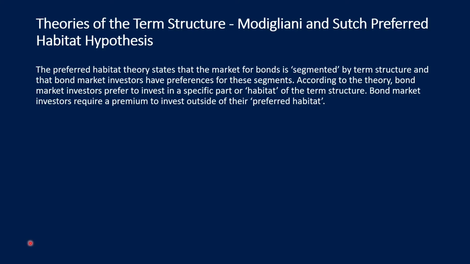According to the theory, bond market investors prefer to invest into a specific part of the term structure called their habitat. And the bond market investors require a premium to invest outside of this preferred habitat. The model is a bit more complicated. I don't want to go into depth with this, but this is a very much researched hypothesis, especially since Modigliani and Miller are Nobel laureates, so it is very well known.